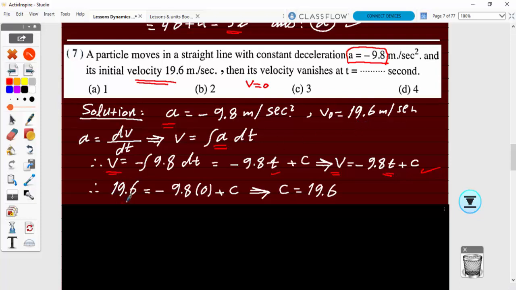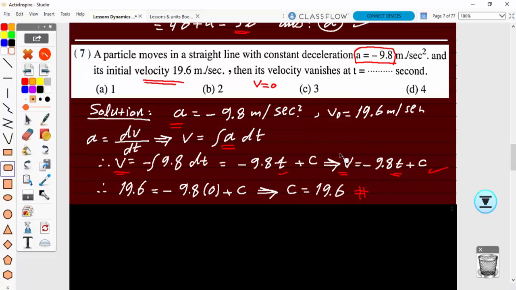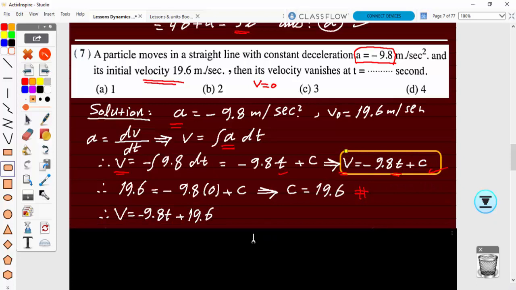Okay, so 19.6 equals negative 9.8 multiplied by 0 plus c. It means c equals 19.6. It is a constant. Okay, so we substitute the value of this constant in v here. So we will get v equals negative 9.8t plus 19.6.